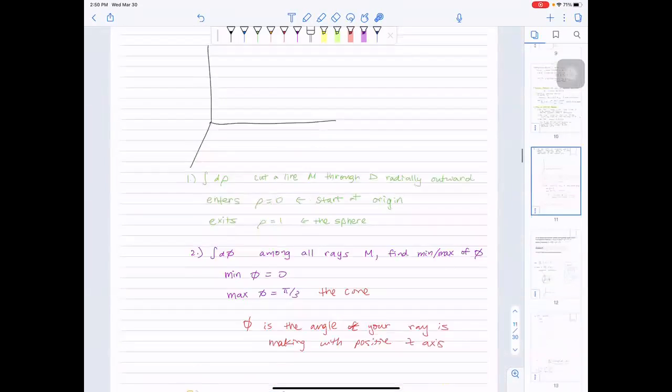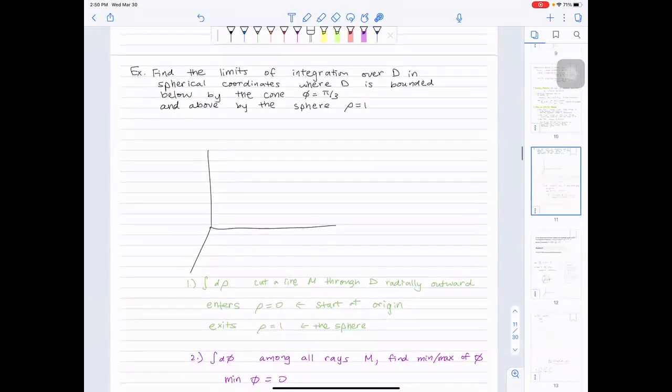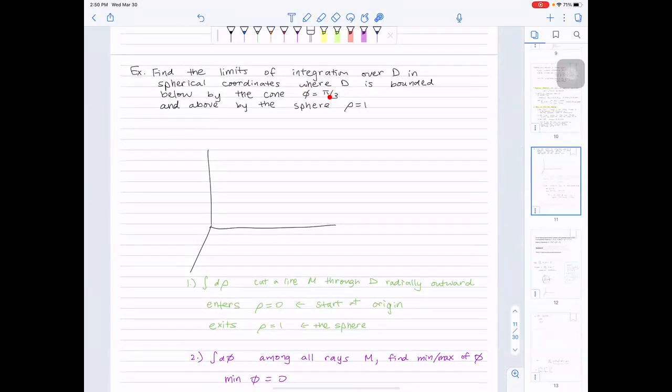Would it be better to use spherical coordinates when it comes to cones? Yeah, because cones are usually phi equals a number, and phi is only in spherical. You can do it in cylindrical, but spherical might be easier sometimes. How do we know what's best in each case?